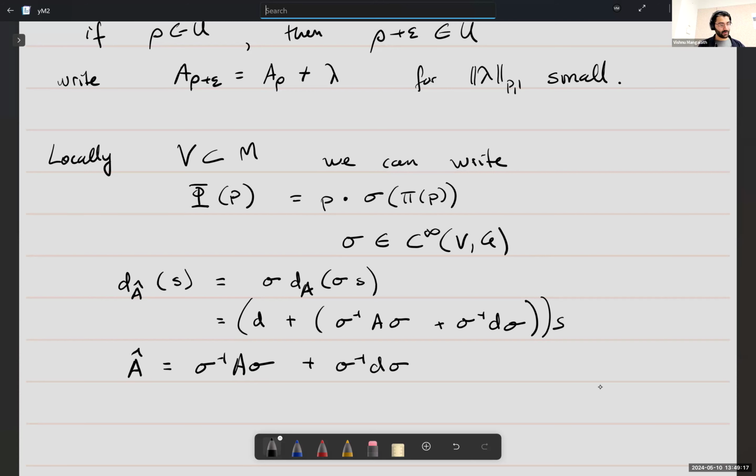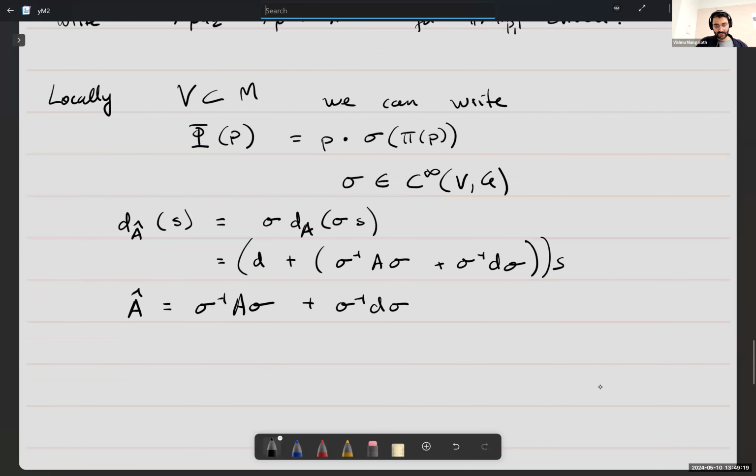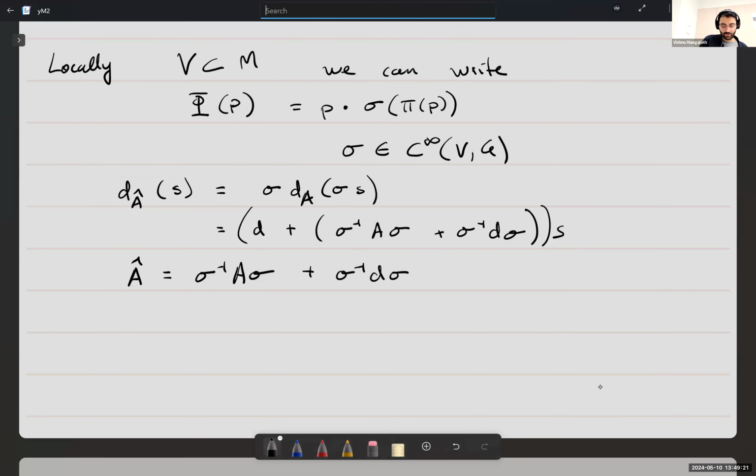This is the transformed equation, and what we're trying to solve is d star of that equals 0. So the equation for the gauge transformations is d star of sigma inverse A sigma plus sigma inverse d sigma equals 0.